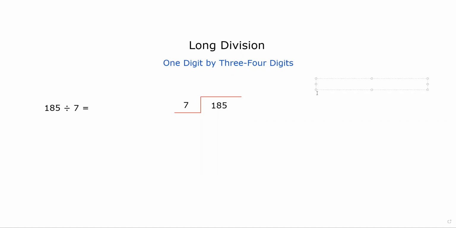Let's do the multiples of 7: 7, 14, 21, 28, 35, 42, 49, 56, 63, and we have 70. Okay, we can call it the multiples of 7.